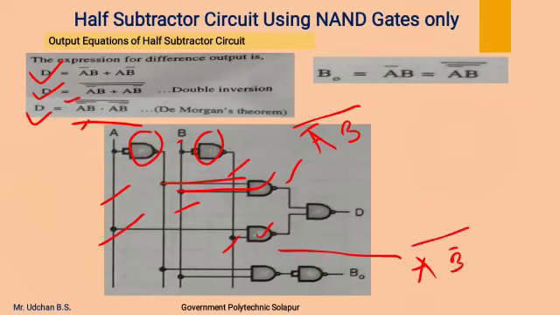Now to combine these two terms, we are going to use another NAND gate.